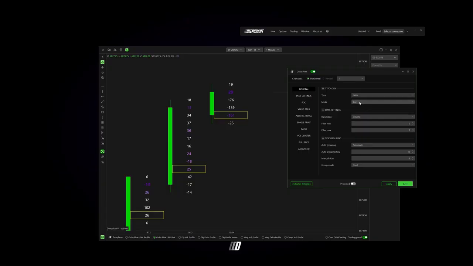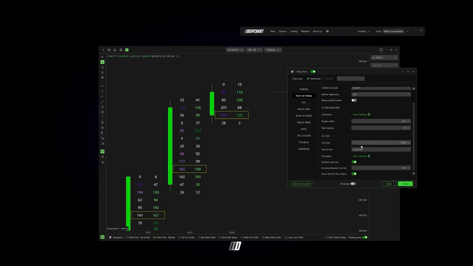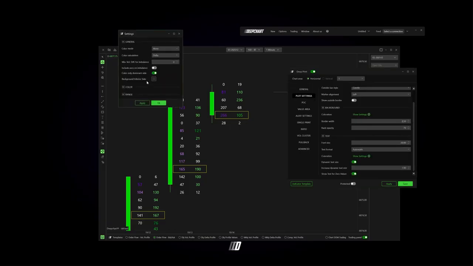And you can have it as a box. Now it's written box because we don't see the background of it. But you can go on plot settings, background, and for example, color mode, fixed. And now you can see a little bit of the background.